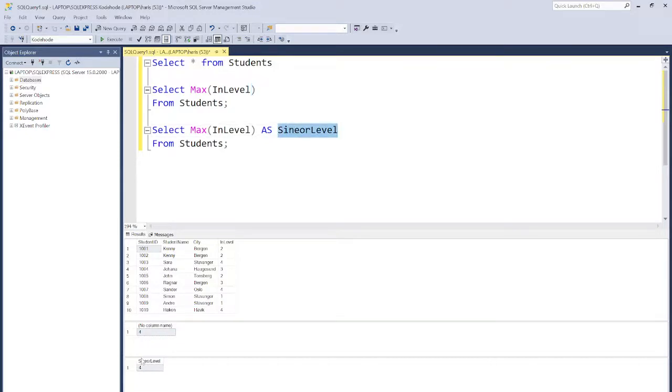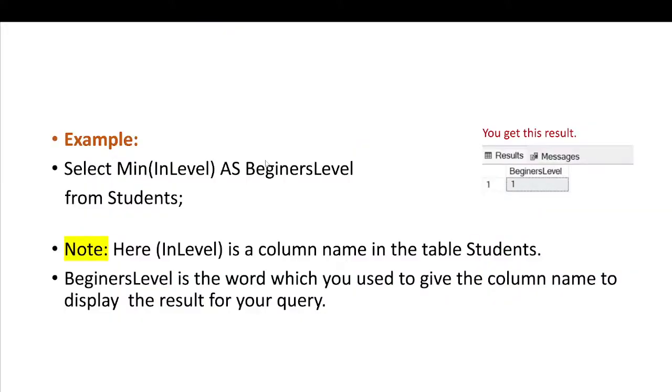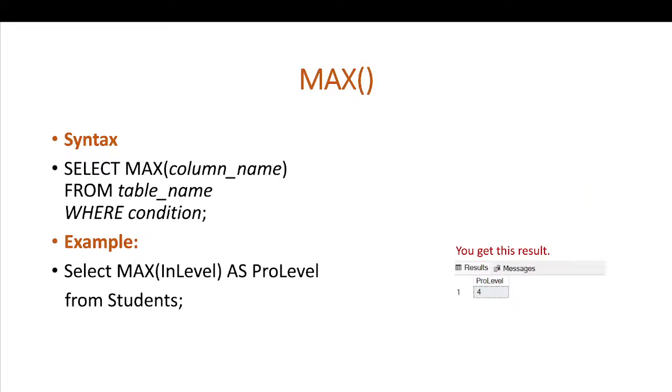Here we gave the column name, so it will write the column name and display the result. I'm just displaying 3 queries at a time so that you will know the difference. I hope you have understood what's the difference between max and min functions, and also the extra column name.